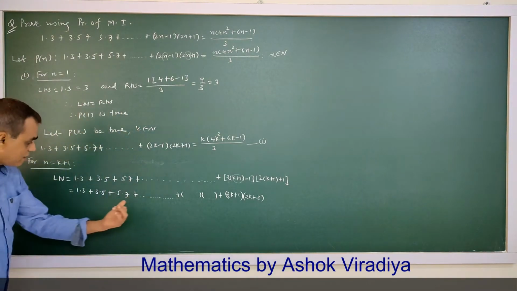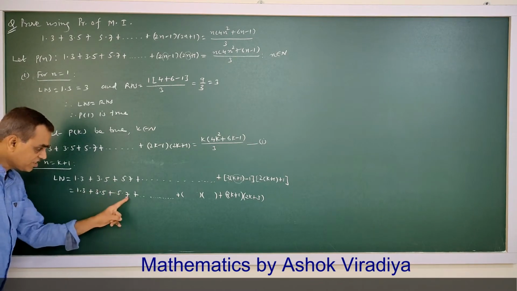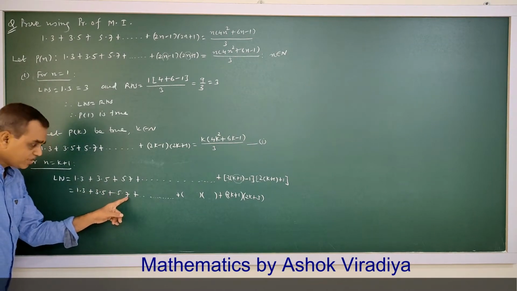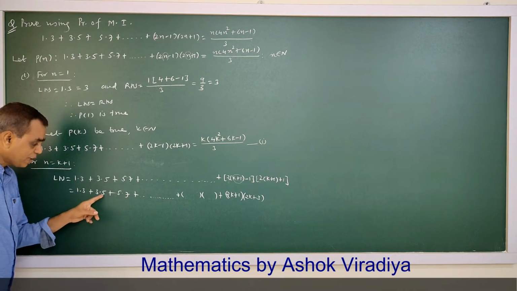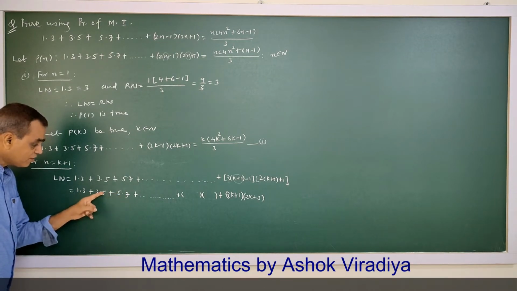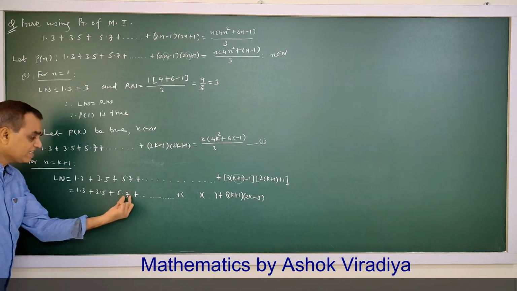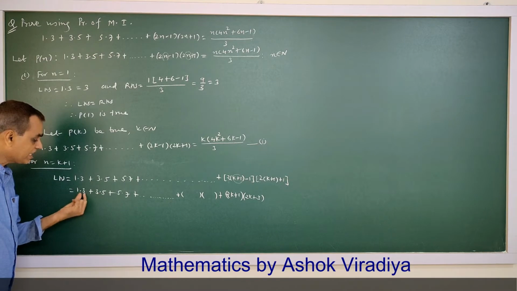For that, observe this series. Coming back, this is 7, in the previous step it is 5, then 3. So there is a difference of 2 units.